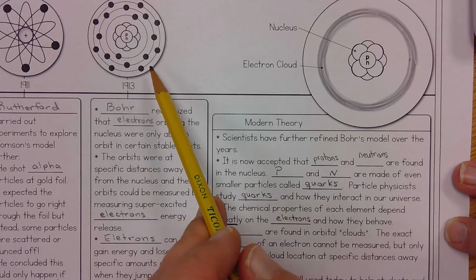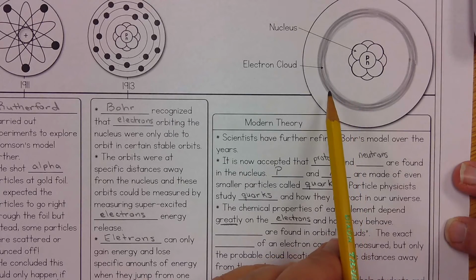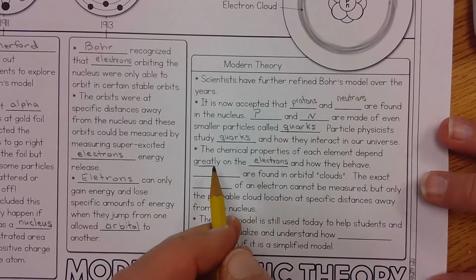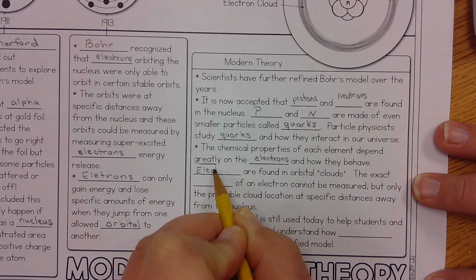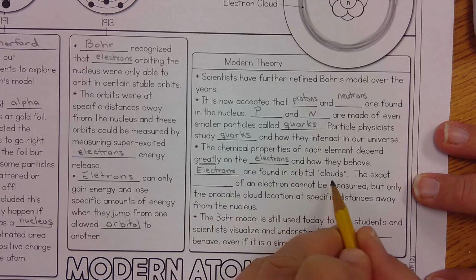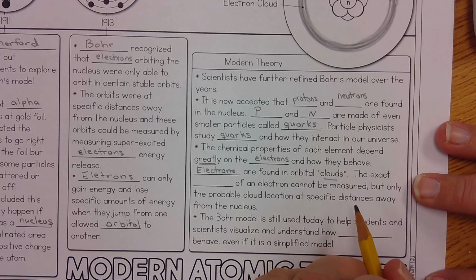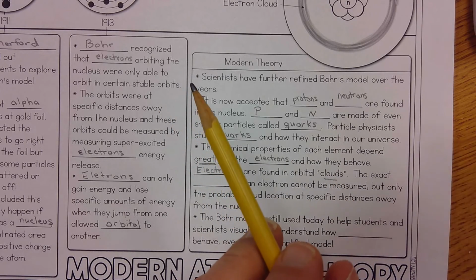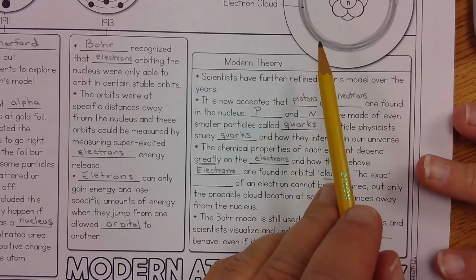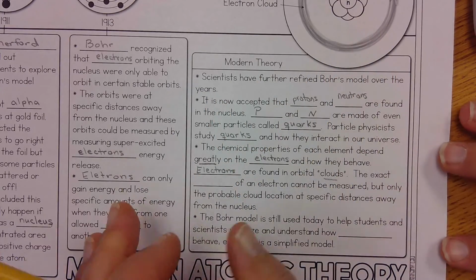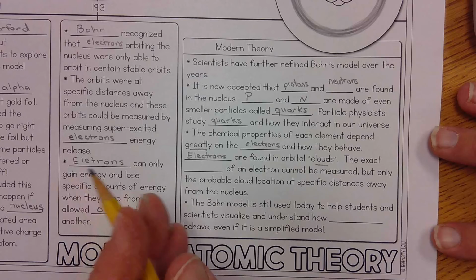So there's level 1, 2, 3, 4, and on out. But let's write this out, electrons are found in orbital clouds. So it's not like the planet circulating the sun in one specific path, but there's a cloud, and they could be anywhere in that cloud at any moment.